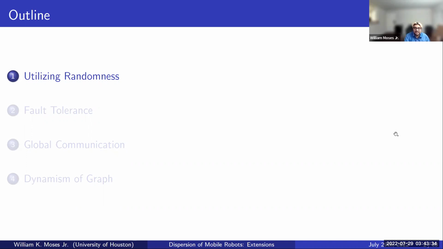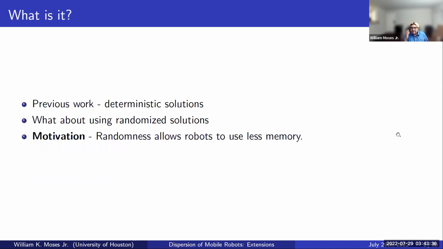First of all, let's look at randomness. As I said, all the previous results were deterministic. Now, why is randomness even interesting? Well, this was already touched on in a question from the first part. How low can you go in terms of memory?